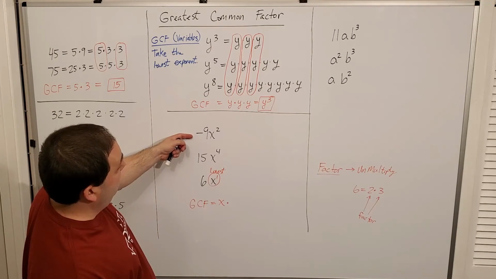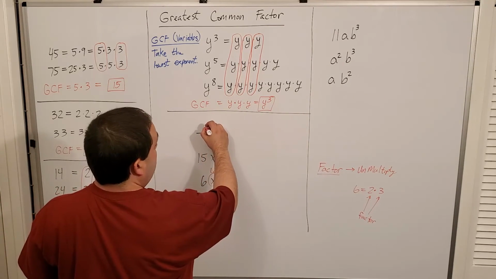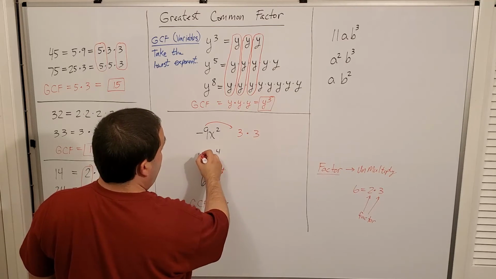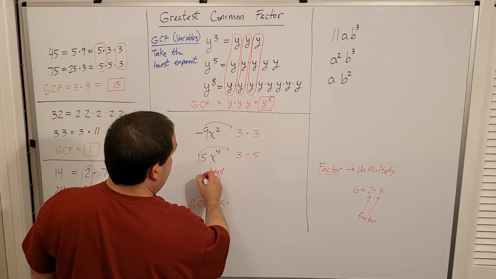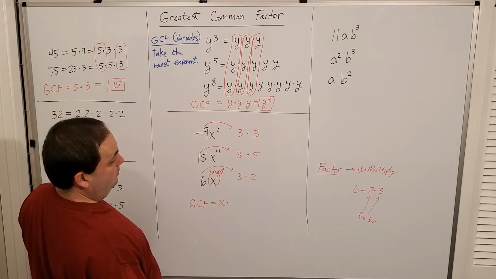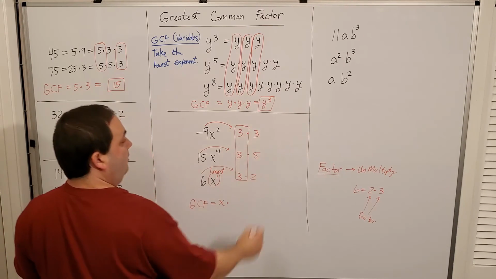And I don't even need to worry about the negative either, because they don't all have it. But 9, however, that's 3 times 3. 15, 3 times 5, and 6 is 3 times 2. So just the number portions, I'll be taking the 3 that they have in common.